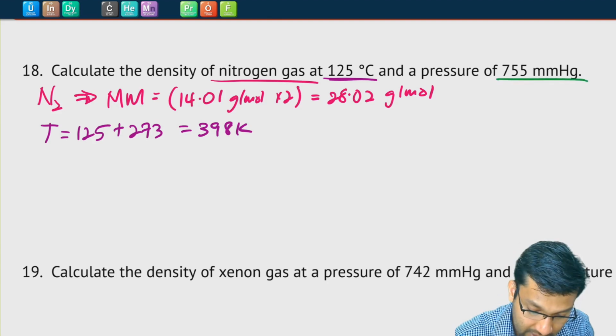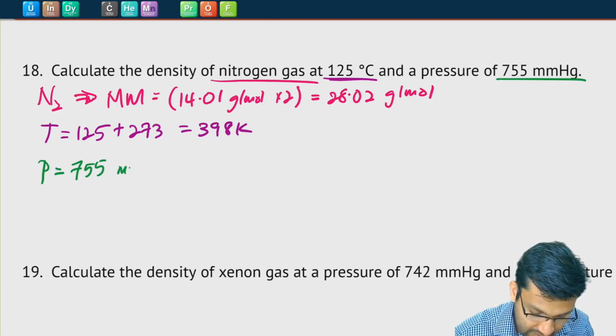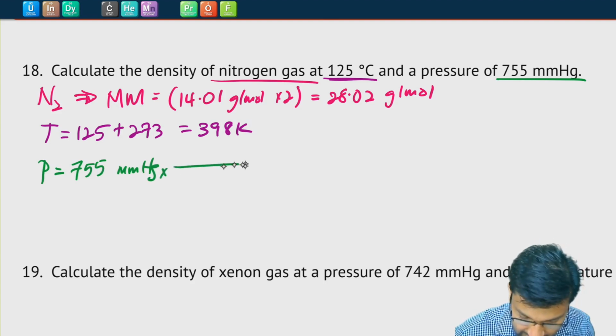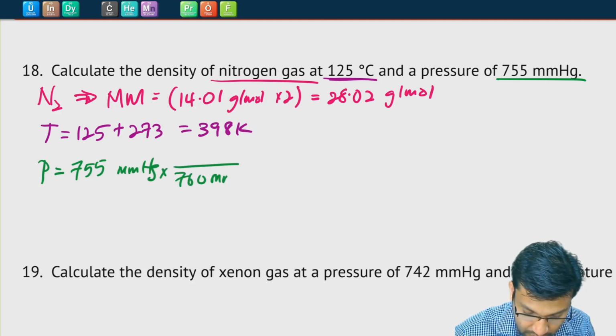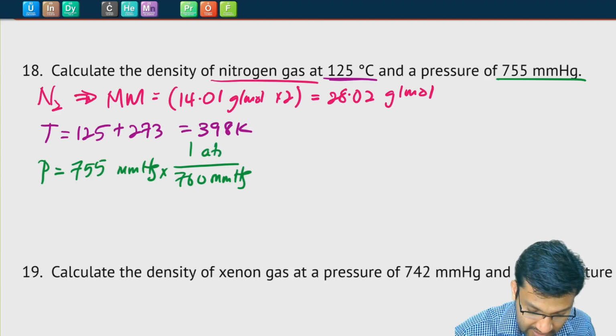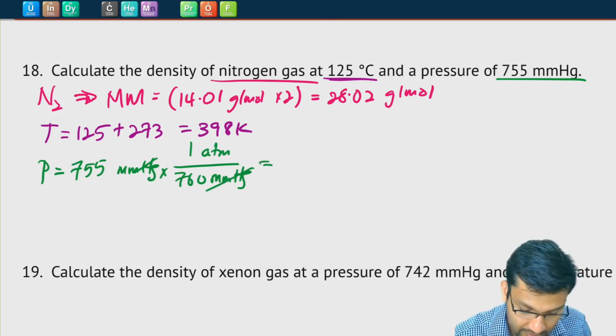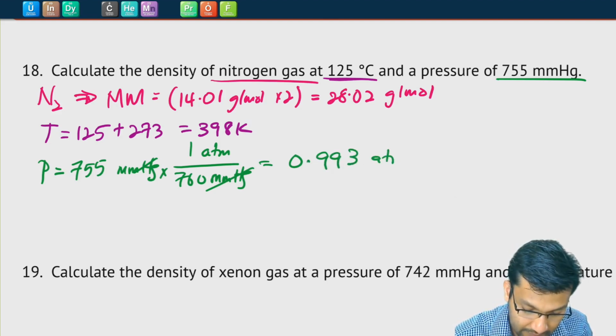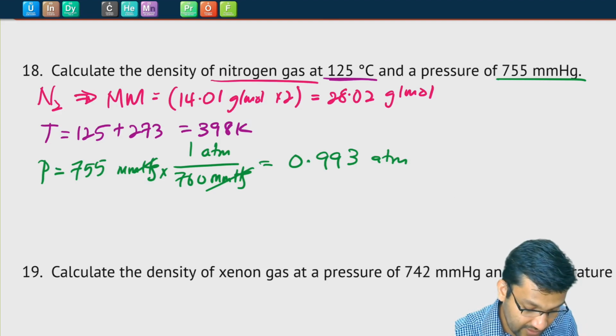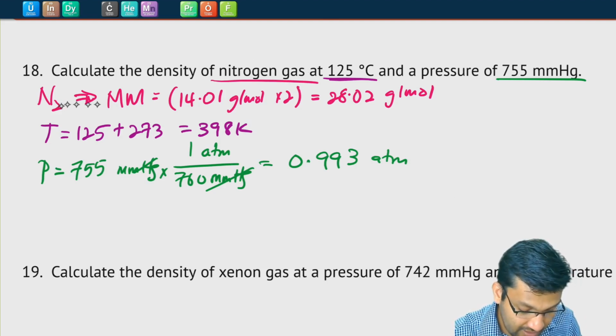They give us the pressure of 755 millimeters of mercury, but again, ideal gas law, so we need to convert this to atmospheres. We know that 760 millimeters of mercury is 1 atmosphere, so if we convert it, we get 0.993 atmospheres. That's all they give us. It's nitrogen gas, so we know the formula and therefore the molar mass, the temperature, and the pressure.